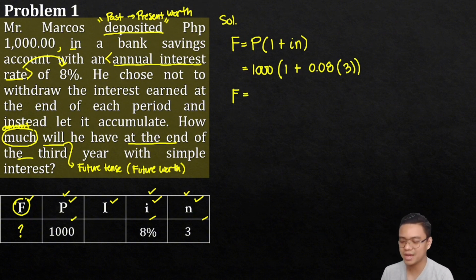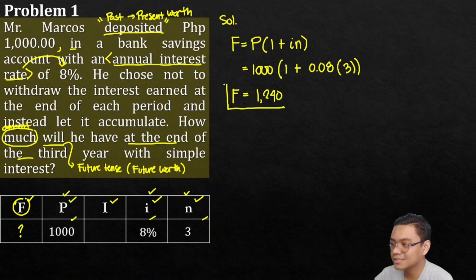So we just have to use our calculators and we will have our answer. Let me just use my calculator here. So it is 1,000 times the quantity 1 plus 0.08 times 3. And that should give me 1,140.